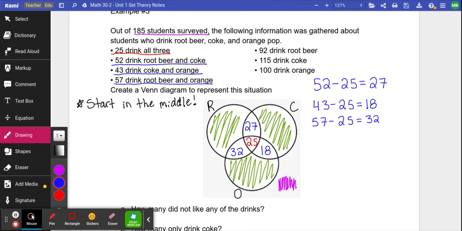If you were to add 25 and 32, it does equal 57, which makes sense. That says 57 people drink root beer and orange. Both these groups do drink root beer and orange. The difference is one of them doesn't drink Coke and one of them does drink Coke. I always call it like subtracting the overlap, right? Make sure you subtract whatever overlap you already have included.